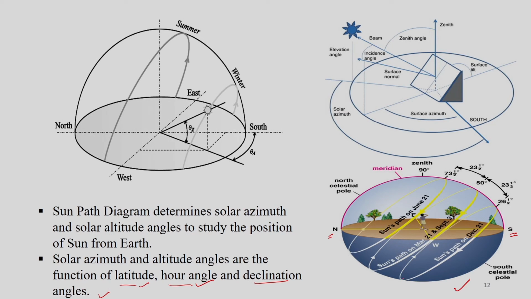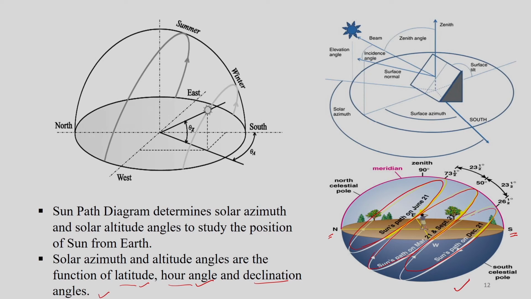So, if we consider a location in the northern hemisphere, and if we are interested in say winter, okay, so how will this sun path look like. Okay. For winter, this will move something like this, okay, and for summer it will move something like this, and in the solstice this movement will be something like this, where day and night length are the same.